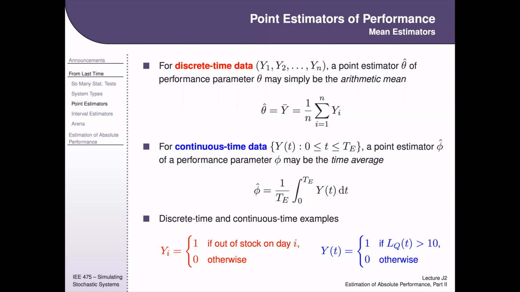This is discrete time data where I ask, on day 1 versus day 0, are we out of stock or not? Today we're out of stock, tomorrow we're not. So it's a 1 or 0, indexed by day i. Versus the continuous time case, where I can ask, are we in an emergency condition because the length of the queue is greater than 10, or we're not? I can ask this at every instant. This exists at a day, this exists at every instant. So there's my discrete time and continuous time examples.